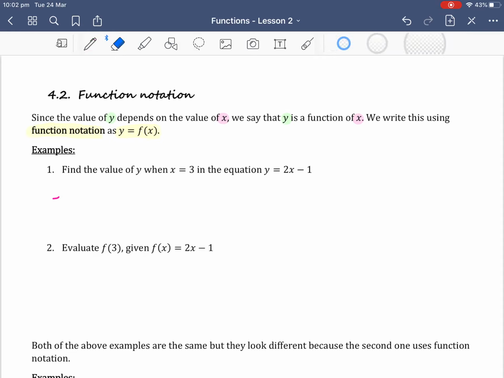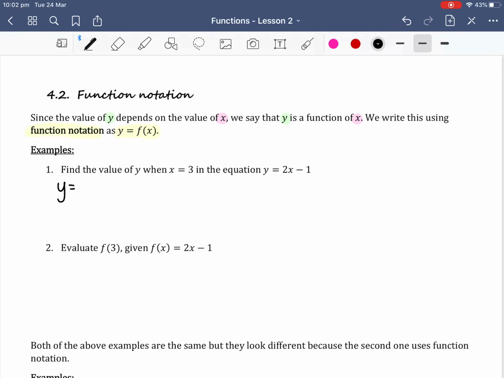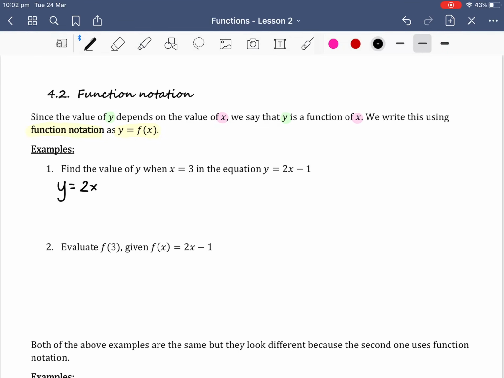So when we want to find y, we have y equals 2 times our x value, which is 3, minus 1. When we work this out, we have y equals 2 times 3, which is 6, minus 1. So we get y equals 5. Pretty simple, right? And this is something that you have done all the way through high school.